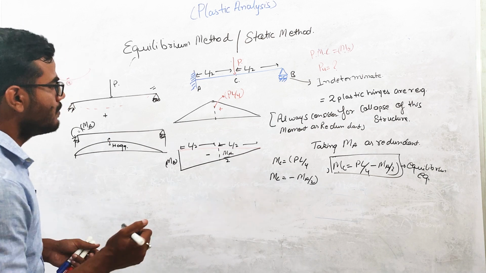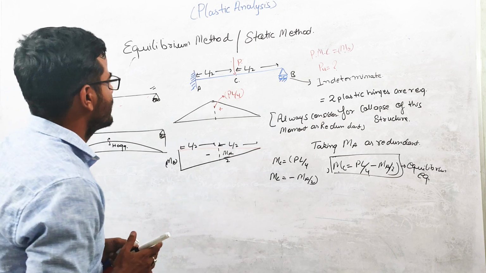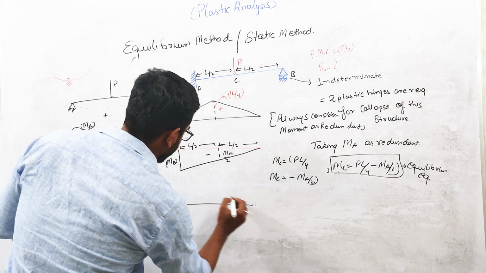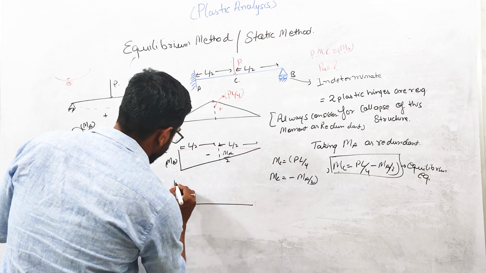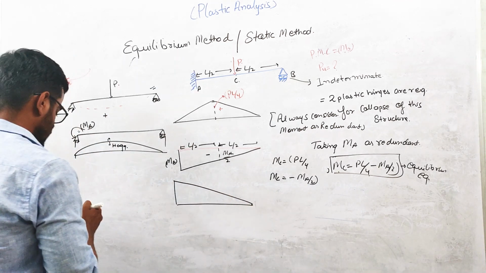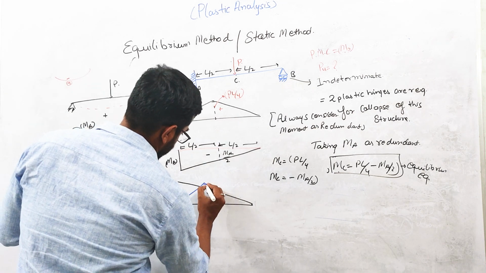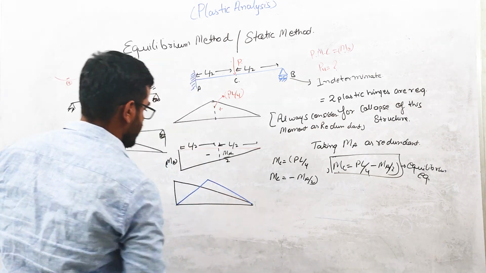So now, for the collapse of the structure, if you combine these two bending moment diagrams, it will look like this basically.